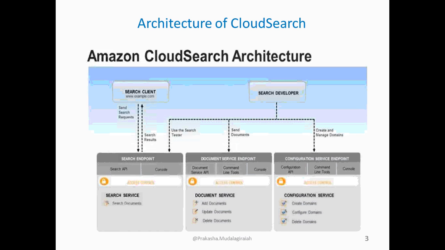One is the document service endpoint, and the other is called the search endpoint. With the document service, we should be able to upload documents. In brief, the document service is used to make changes to the domain's searchable data. Data should be in JSON or XML format to upload.